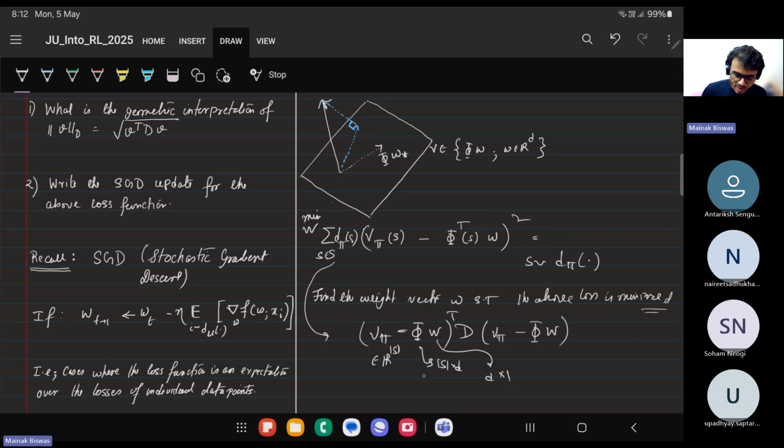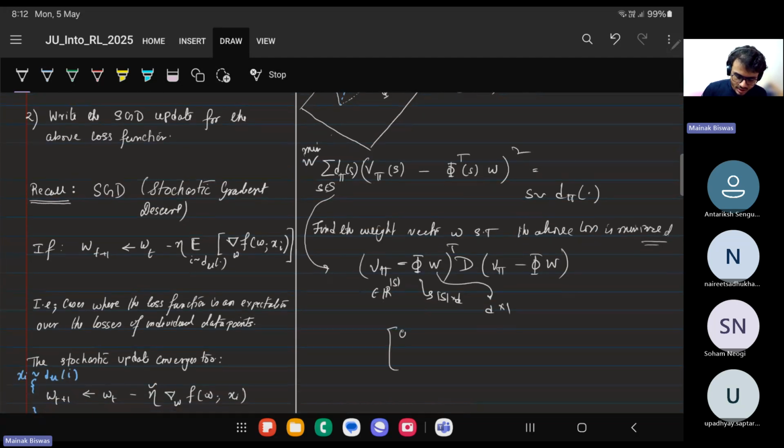So we took the linear combination of the features. So phi 1, phi 2, dot, dot, dot, phi D. And we take the linear combination with W1, W2, WD. And we say that that is equal to V pi. That's what we are trying to do. We are trying to learn the best function that does that.